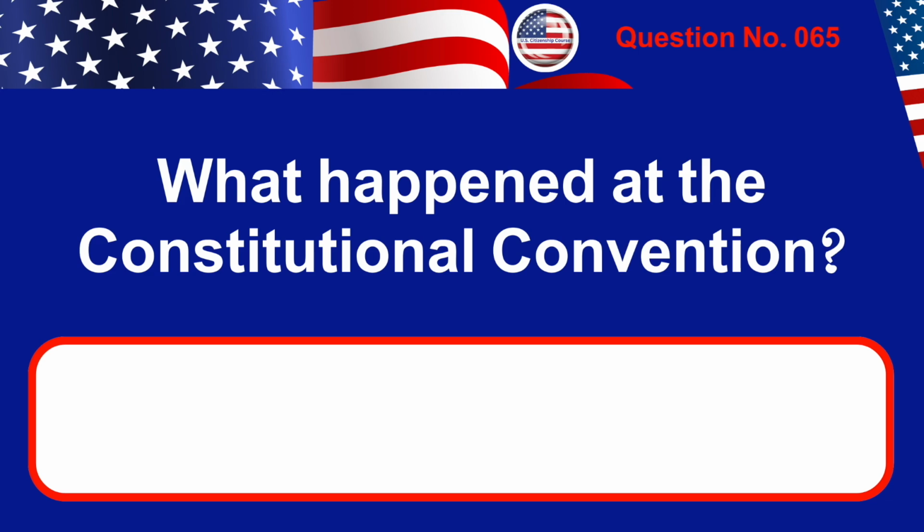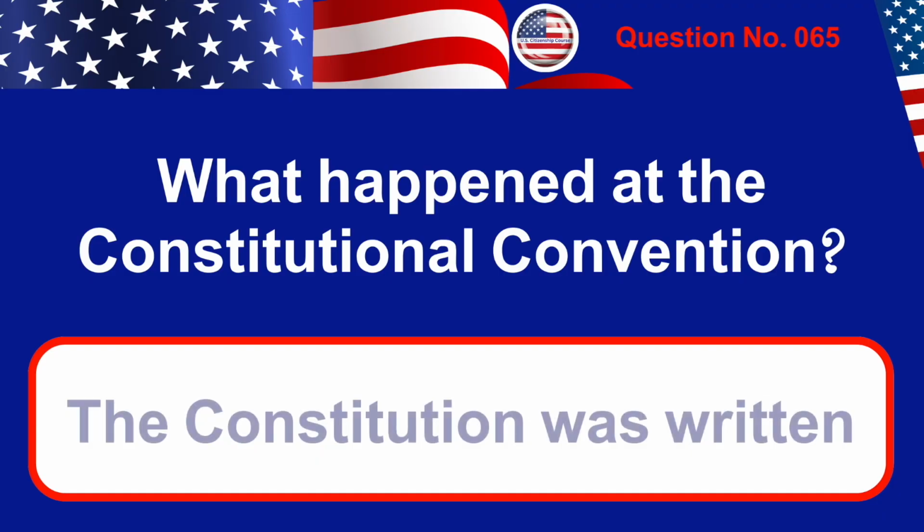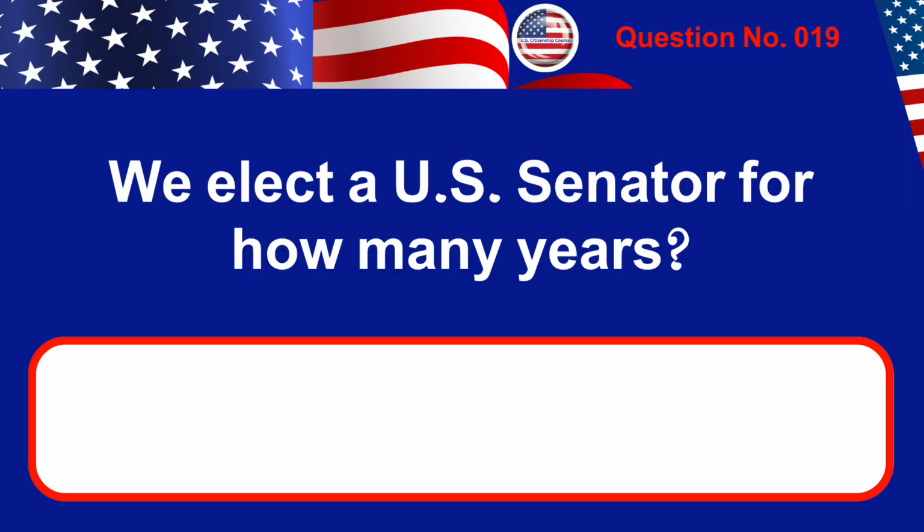What happened at the Constitutional Convention? The Constitution was written. We elect a U.S. Senator for how many years? 6.